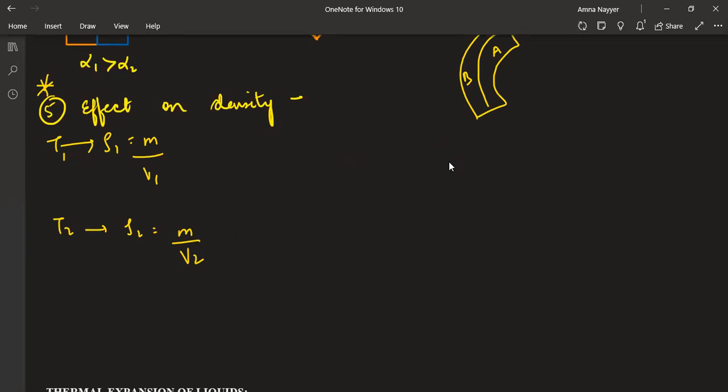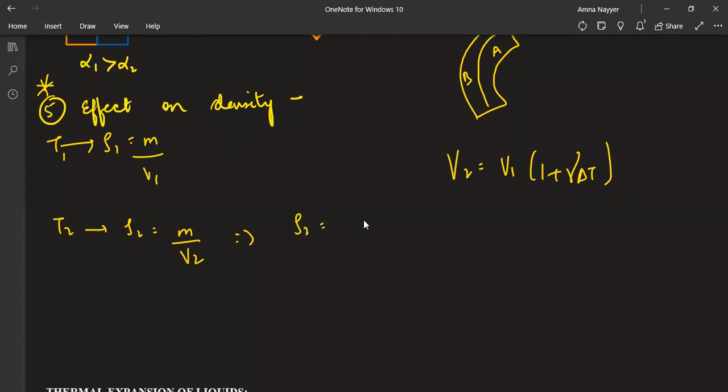In volumetric expansion, we had seen that V2 is V1 (1 plus gamma delta T). So if I put in the value of V2, let me put in the value.